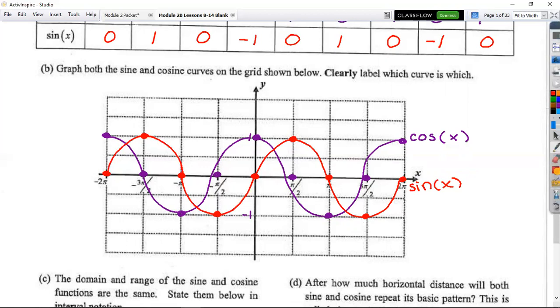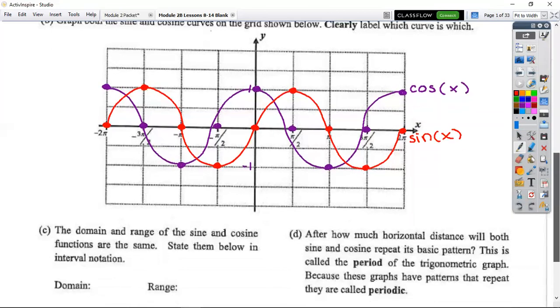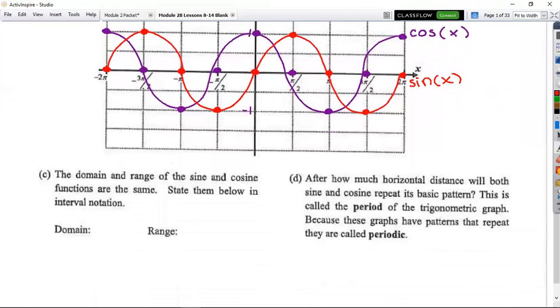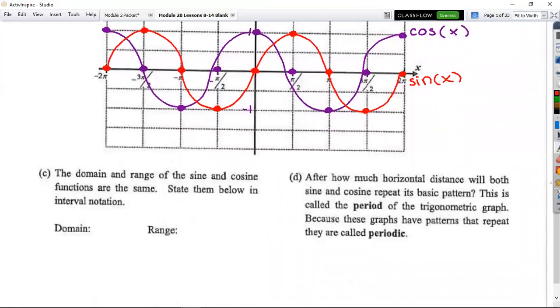Below, we are going to start with the domain and the range. The domain, those are the x values. These graphs could go on forever. There is no restriction. There is no place they are undefined. So my domain is all real numbers. Again, there's no issues.